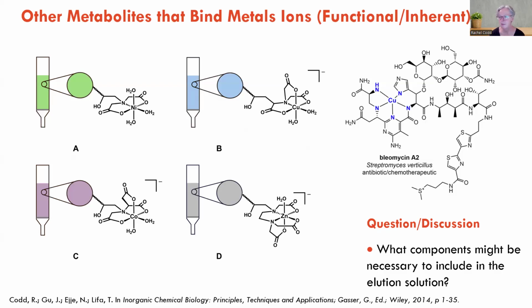So if Streptomyces verticillus finds itself in competition with a different bacterium, it will upregulate the biosynthesis of bleomycin and send that out to the extracellular milieu, and that will act as an antibiotic against the competing bacterium. But when it actually produces it, it produces it as the copper complex.